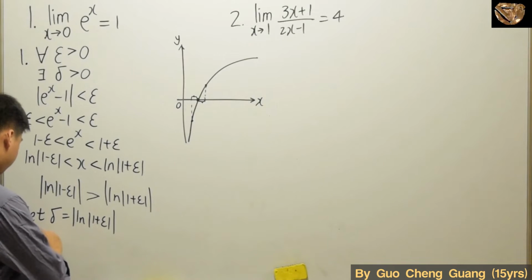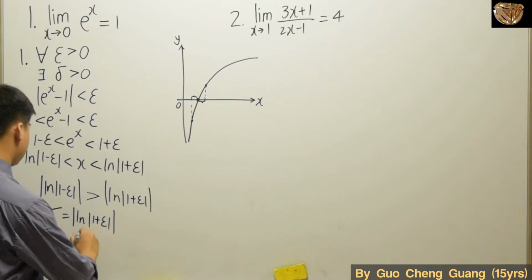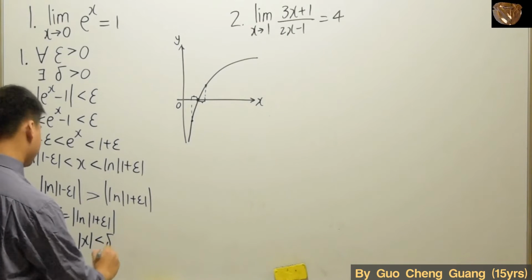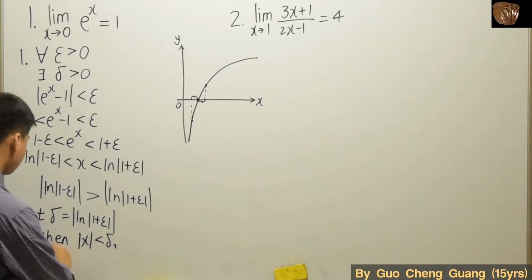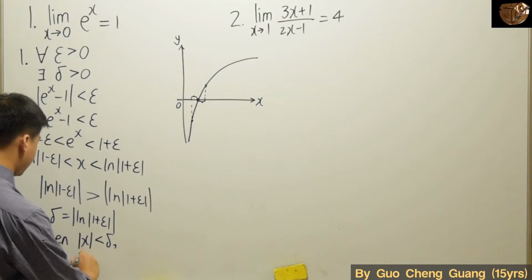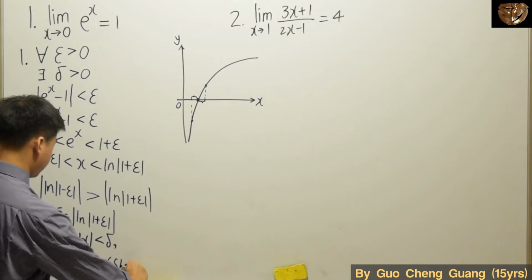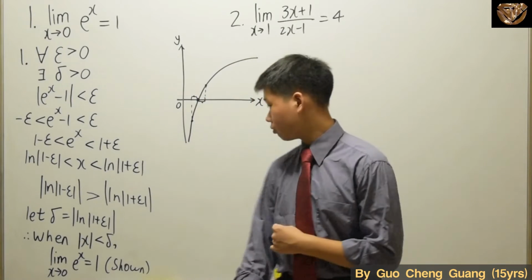So when the absolute value of x is smaller than delta, or just smaller than this part, the limit as x approaches 0 of e to the power of x would be equal to 1. And so we have shown that this is correct.